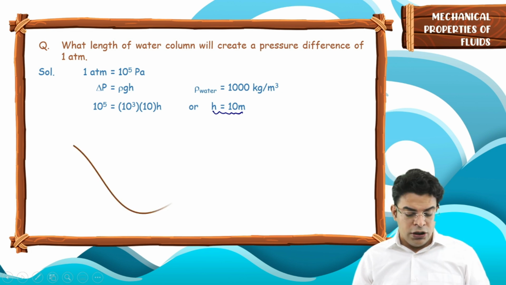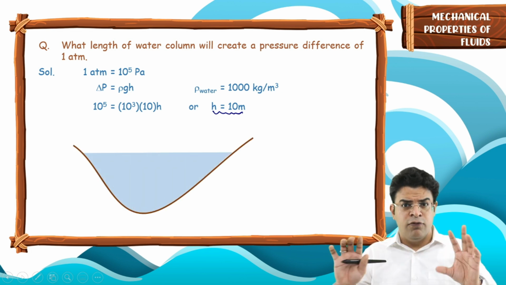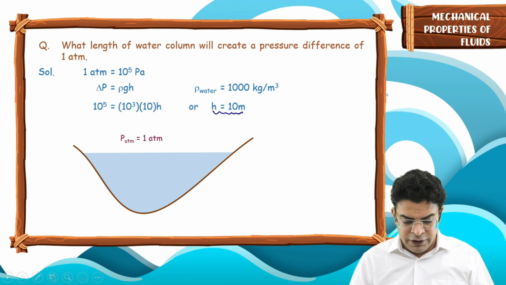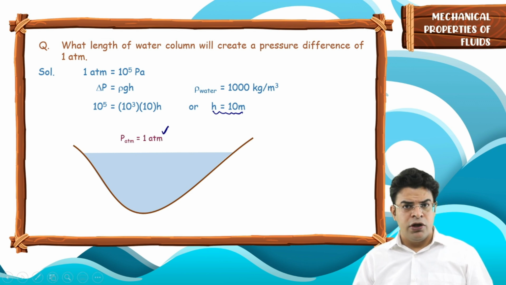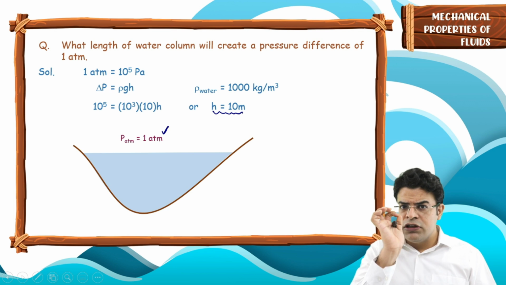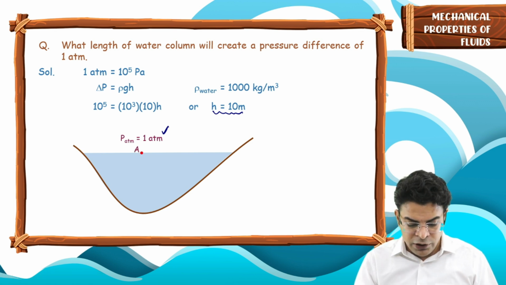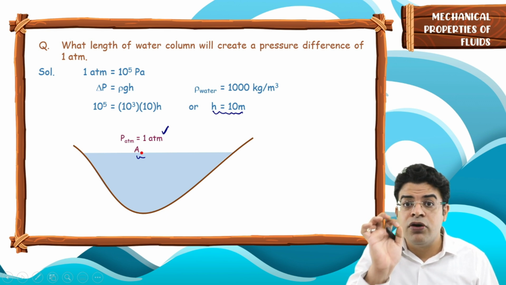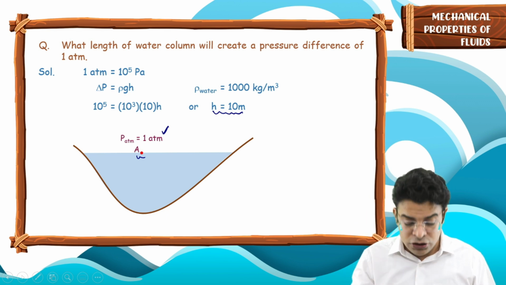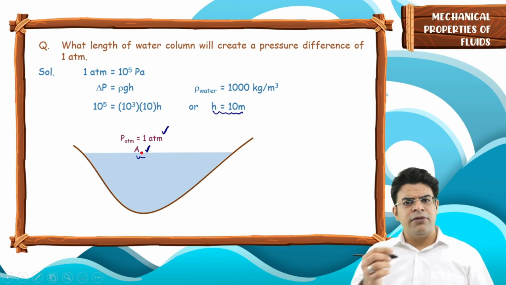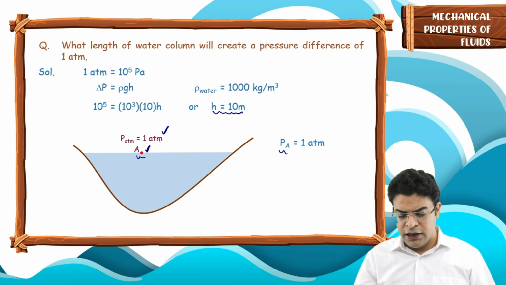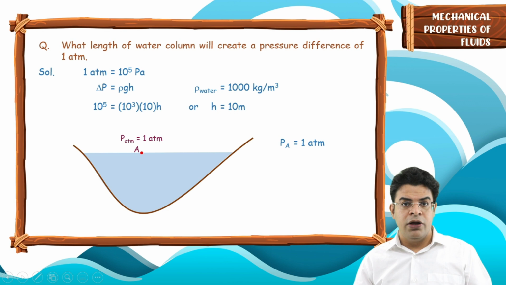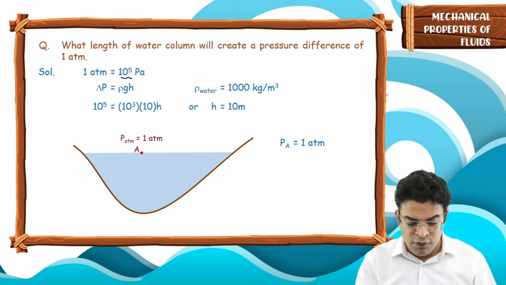So let's say we have a lake filled with water. At the surface, the pressure is 1 atm. If we think of a point A on the surface of this lake, there will be no change because of the height of the fluid. So the pressure at A equals P atm, which is 1 atm, or 10 raised to the power of 5 Pascal.